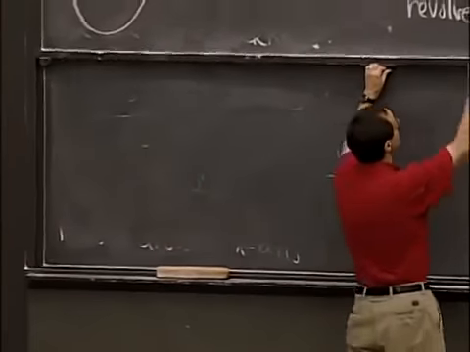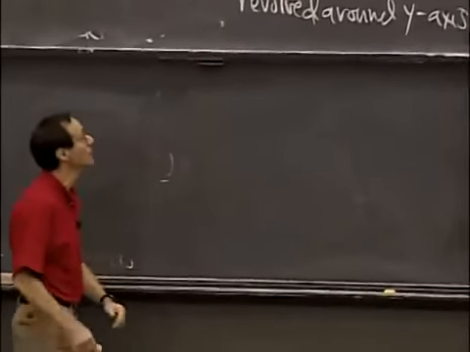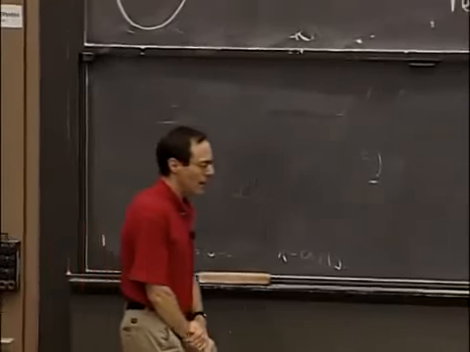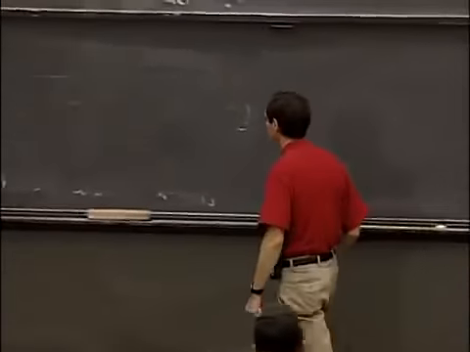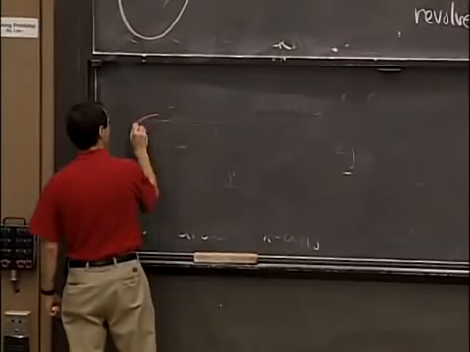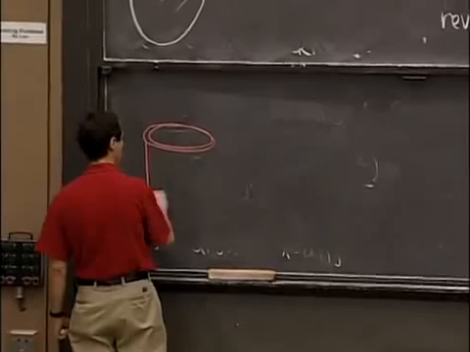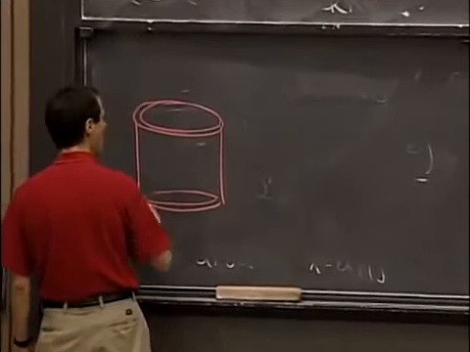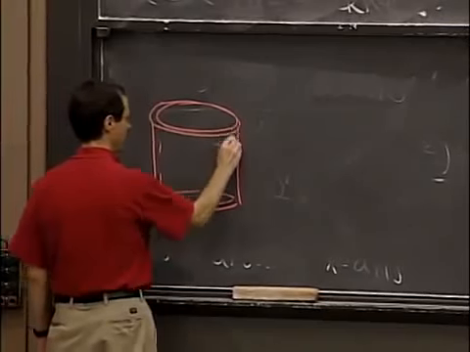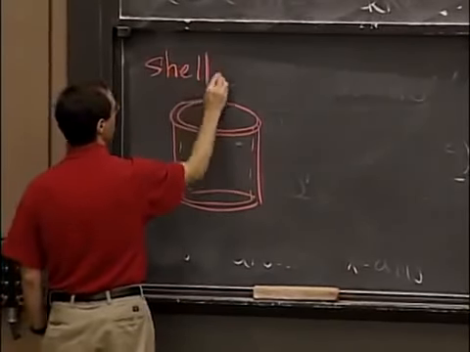So again, I need to sweep it around, swing it around like this. And I'll draw the shape. It's going to sweep around in a circle, and maybe it'll have a little bit of thickness to it. And this is the thing that people call a shell. Right, this is the so-called shell of the method.